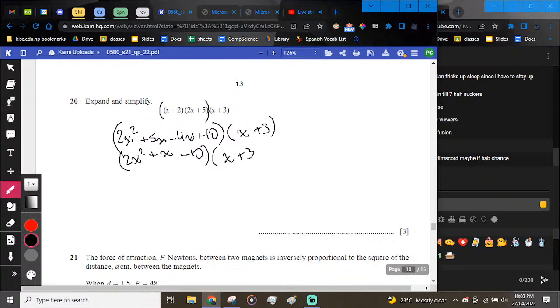Now you can do this. x times 2x plus 3, 2x cubed plus x squared minus 10x. Now we multiply everything by 3, plus 6x squared plus 3x minus 30. Now we chuck together like terms.